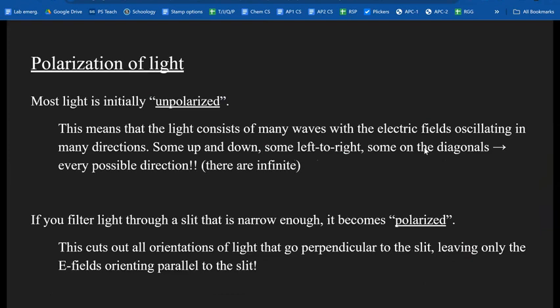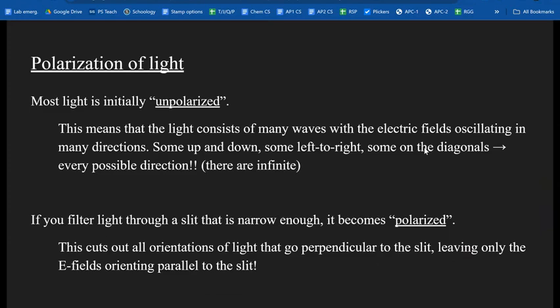Okay, so this is just kind of a recap on what we just said. Unpolarized light means that the electric fields are oscillating every single direction, up, down, left, right, diagonals, whatever it is. There's infinite possible angles, so infinite orientations of the electric field. Remember, the electric field is what's oscillating that we consider to be polarization.